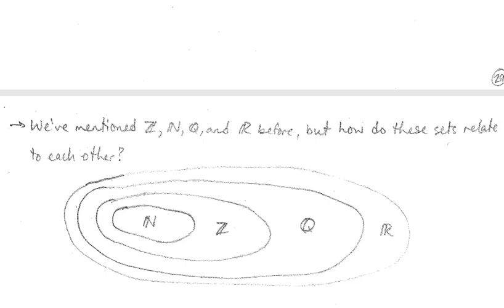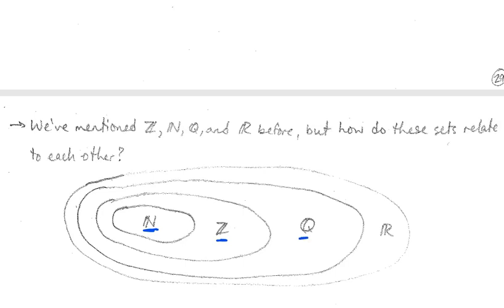Natural numbers, the set of all whole numbers that are positive, is a subset of just all whole numbers, which is Z. So again, N, the set of all positive whole numbers, is a subset of just all whole numbers, which is Z.